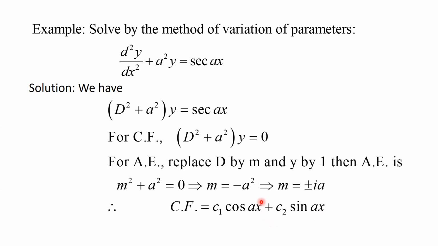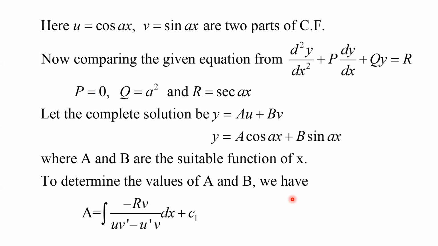Now assume the first part of cf, cos ax, is equals to u and second part of cf, sin ax, is equals to v. Now comparing the given equation with the standard form of equation.